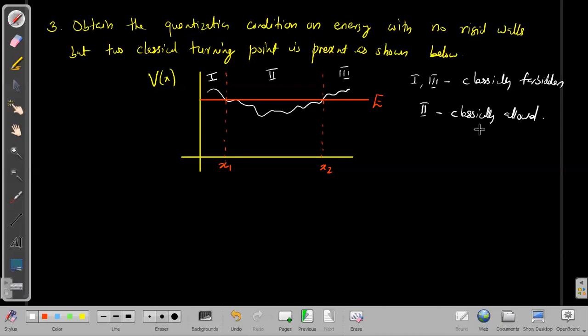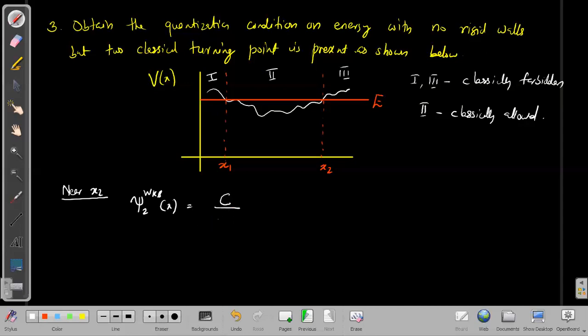Okay, now what would be our WKB wave function near x2? So near x2, what would be our WKB wave function in region 2? Better I will use the sine function so that we can refer to the previous discussion.